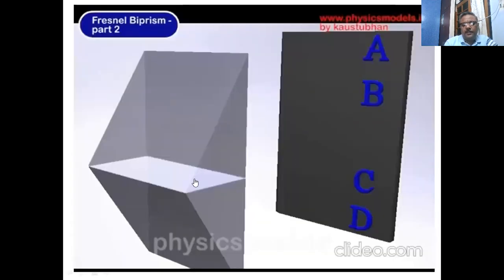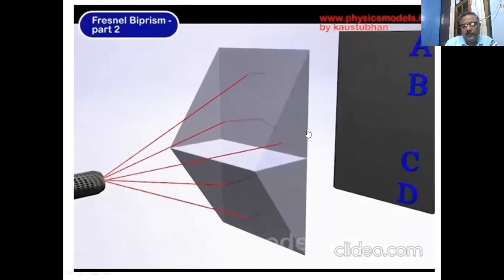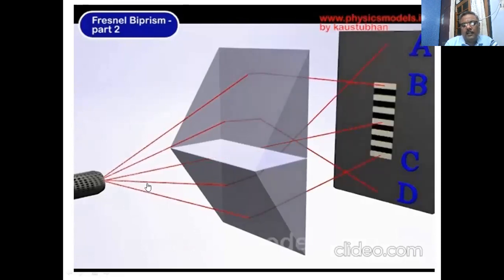So this is a biprism. This is a screen. When light comes from the source on the biprism, the center line goes undeviated, while the rays in the upper portion are converged downwards, and the rays in the lower portion are converged upwards.